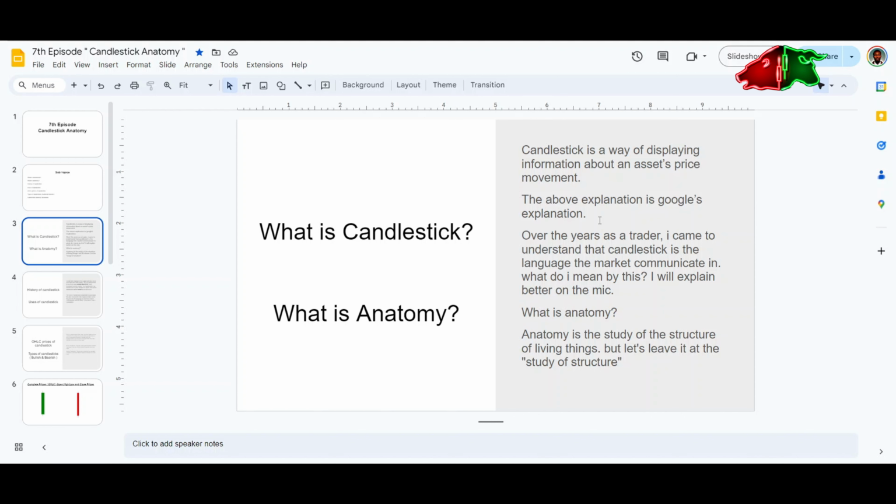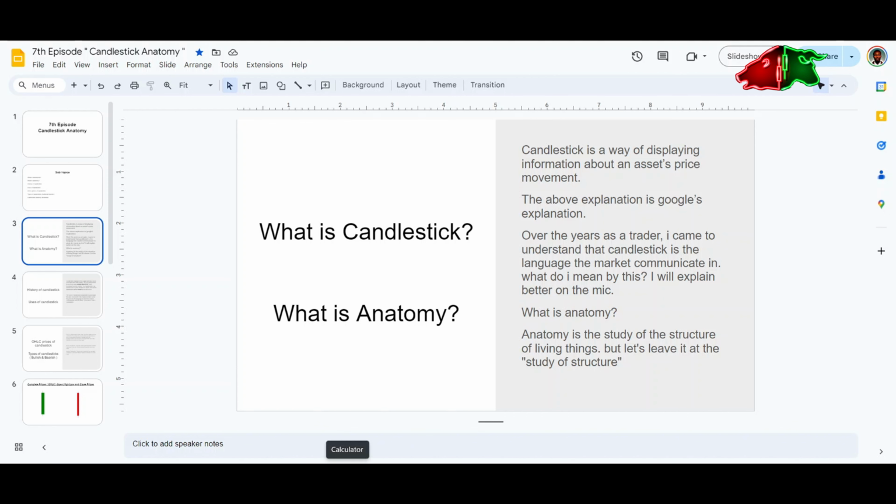This one is correct, because a candlestick pattern is truly a way of gathering information, price movement, and everything happening on the chart over the last 4 hours, the last day, or the last few weeks. You understand?